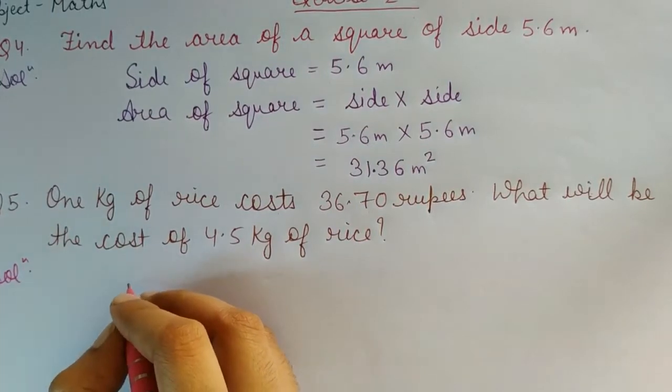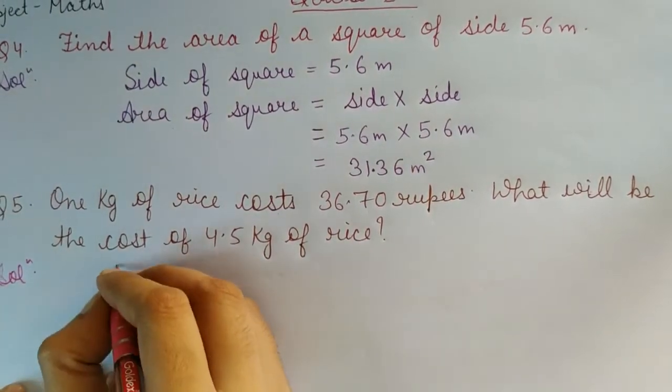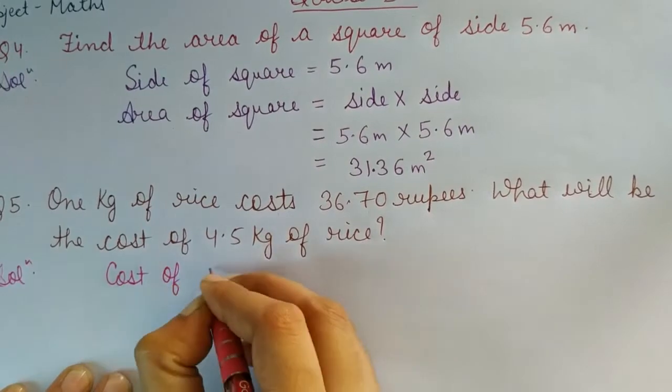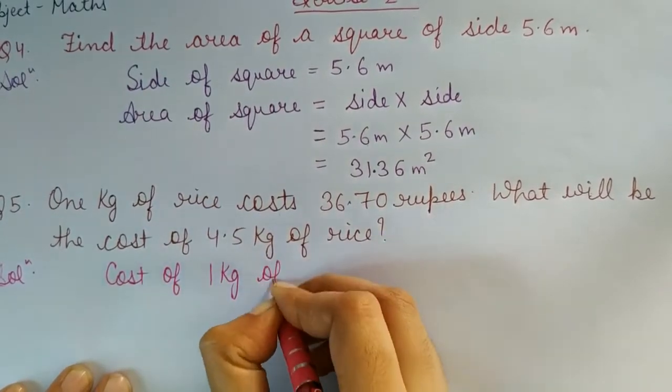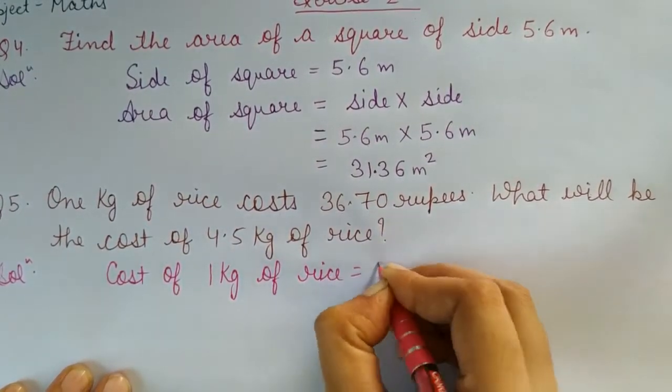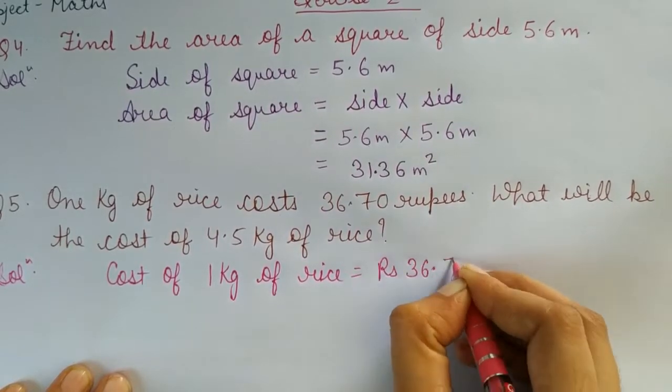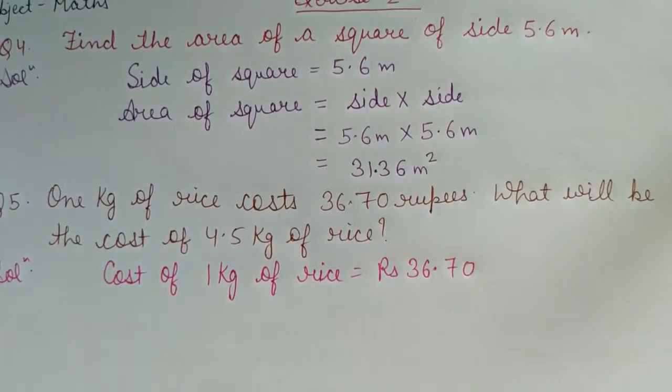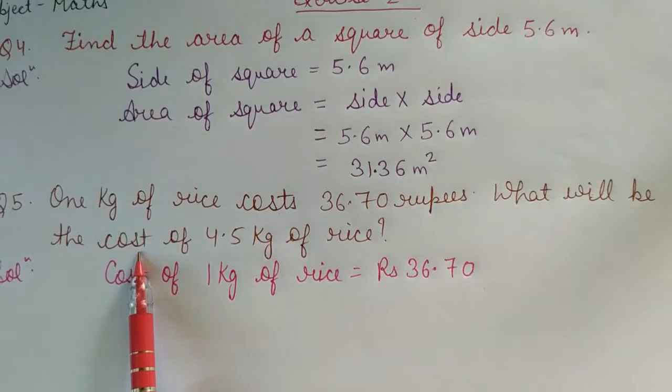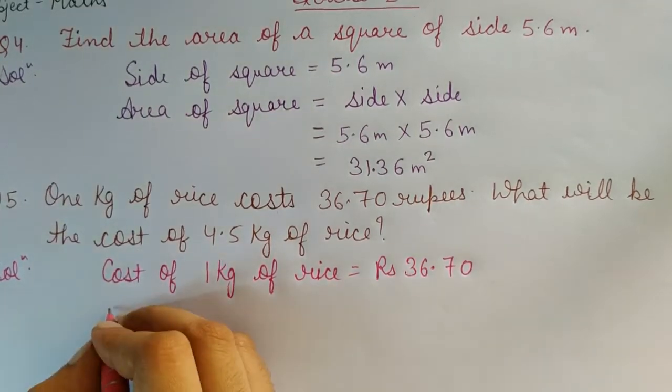We are given the cost of 1 kg of rice, that is rupees 36.70. Now what we have to find? We will have to find the cost of 4.5 kg of rice.